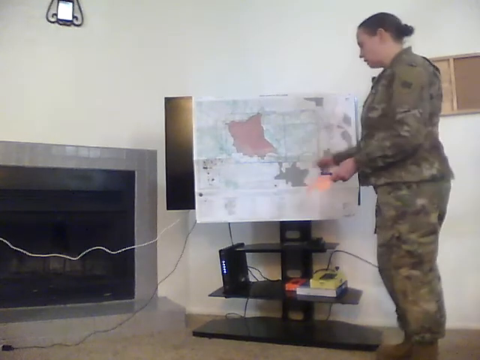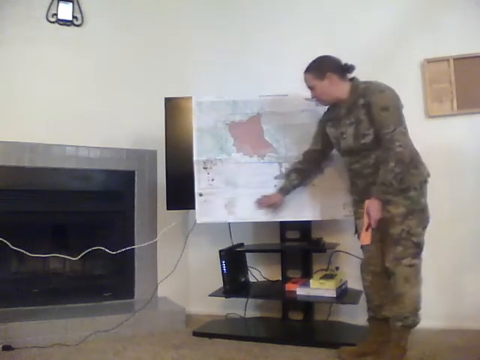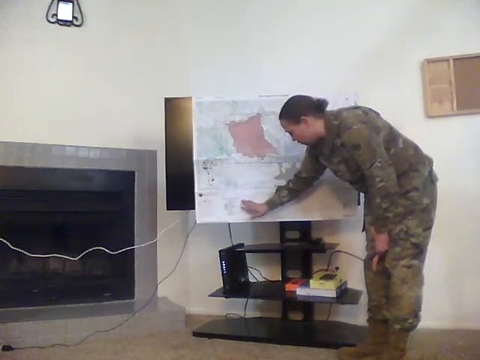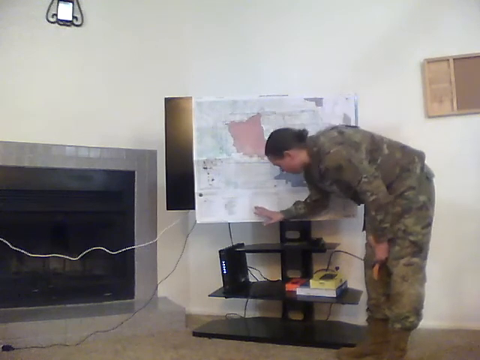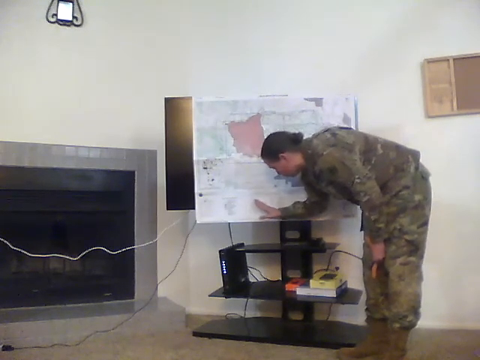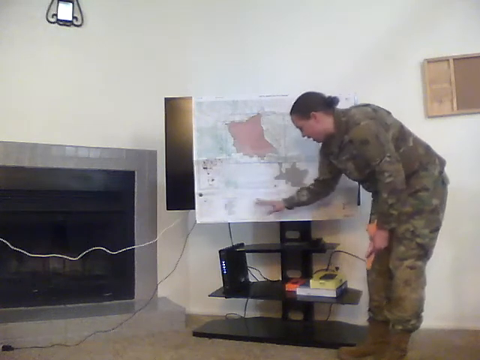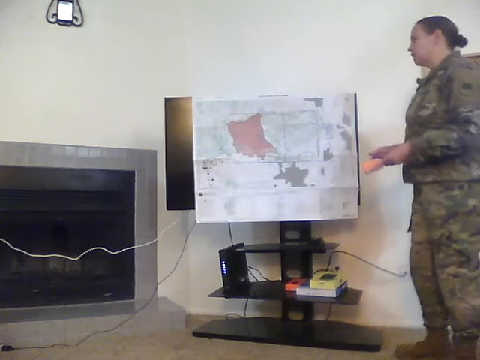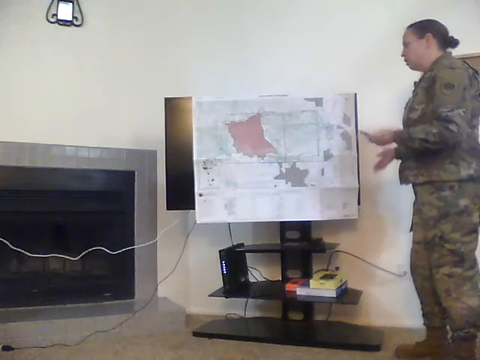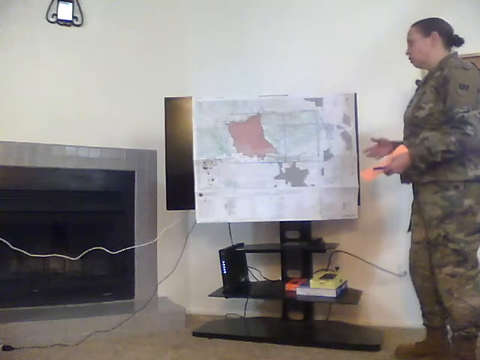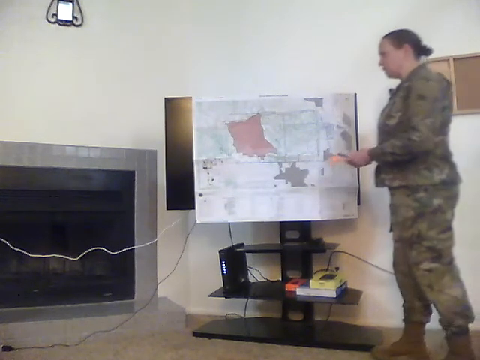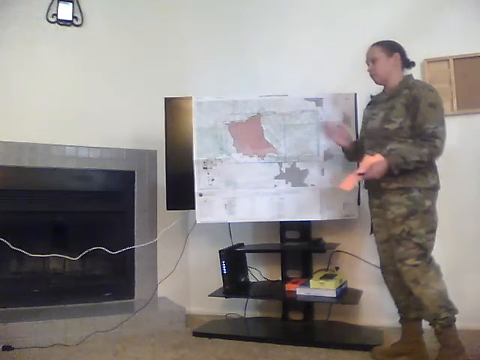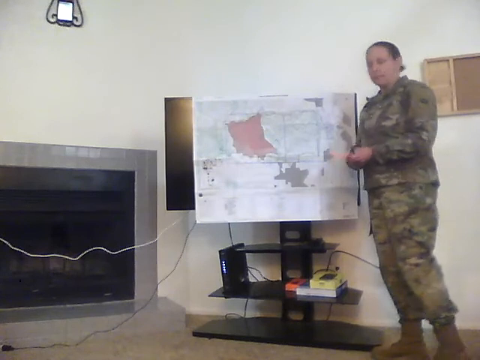They also have a conversion graph, which gives you, say, 1 meter equals 3.28 feet, and miles, because here in the U.S. we use miles instead of kilometers, so it's easier for us to comprehend how long it would take to get from point A to point B.